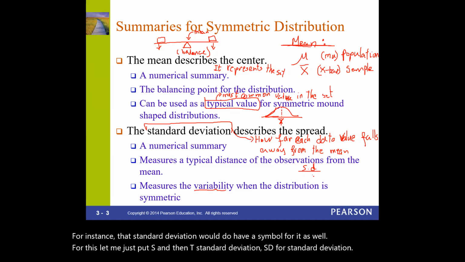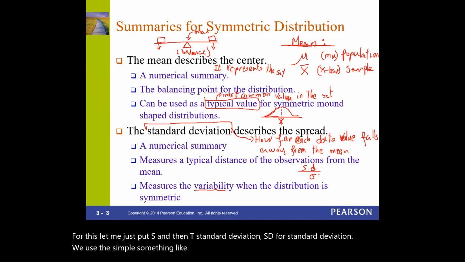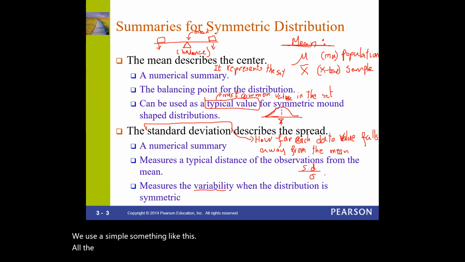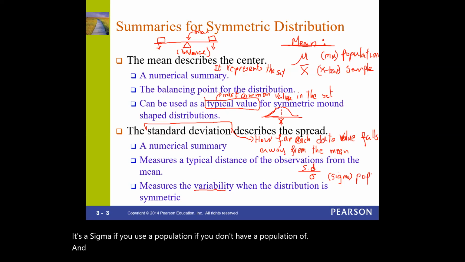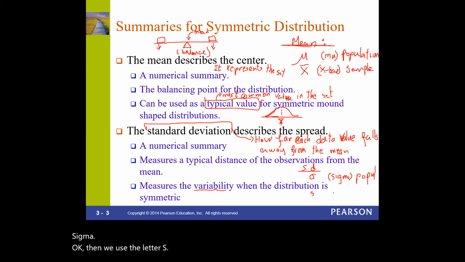We use the symbol, something like this, called sigma. It's sigma if you use a population. If you talk about the standard deviation of a population, you're going to say sigma. Then we use the letter S for a sample.